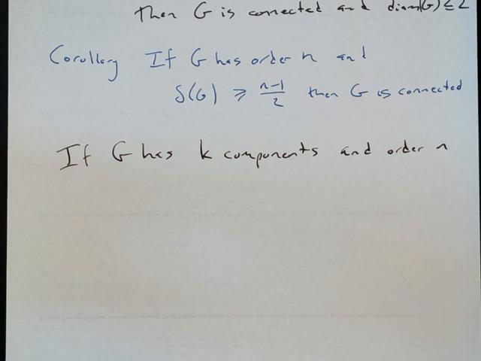There's n items and m containers with n greater than m. There has to be at least one container with more than one item. In a graph of order n with k components, at least one component must have more than n over k items.